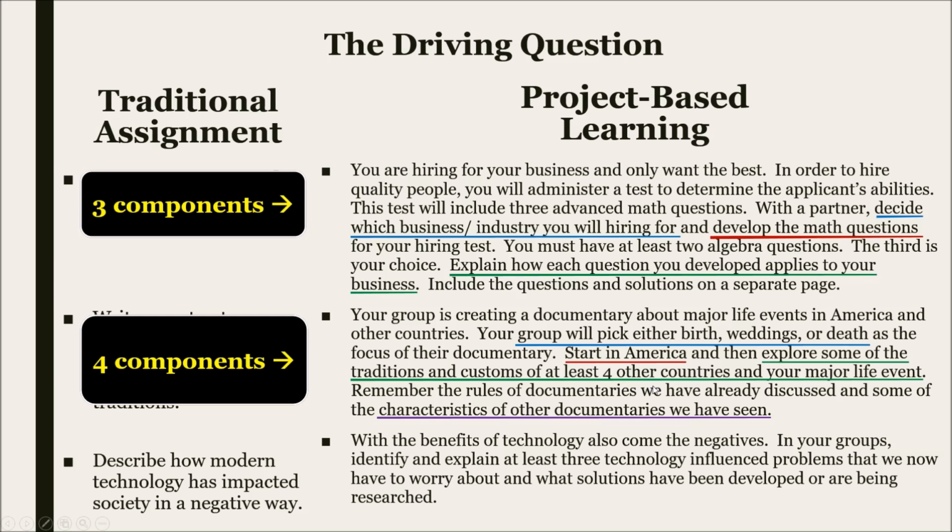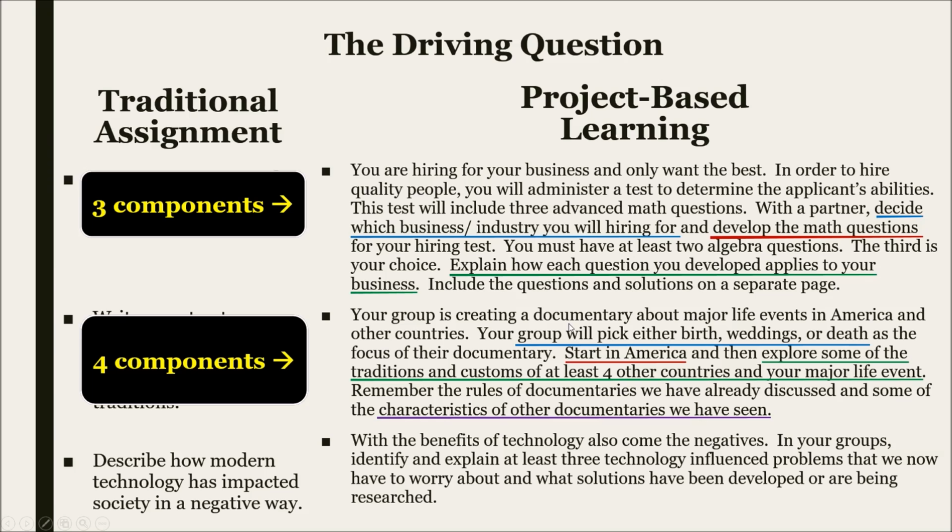So they can turn in that research in the form of a paper, or they can storyboard their documentary, or they can create a screenplay or an outline. There's a number of writing assignments that you can incorporate into this assignment as a 5th component for this particular project-based learning criteria. So again, it's really up to you and what you want to include.